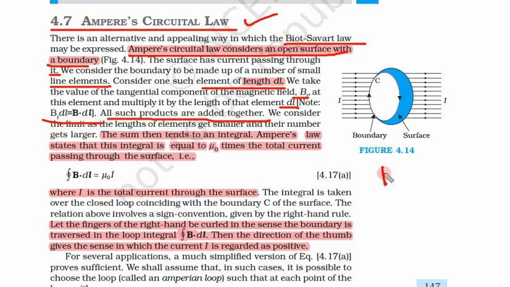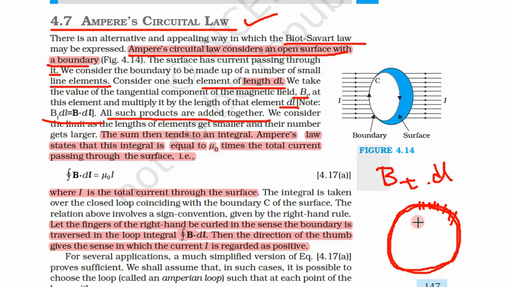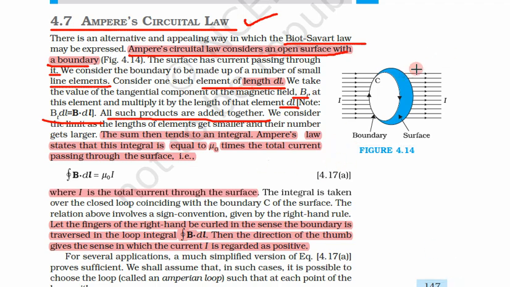Now this is only for a very small element dl. We know this circle is made up of many small elements. So for the whole circle, what do we have to do? For the whole boundary, we have to add all the elements, all these products together.